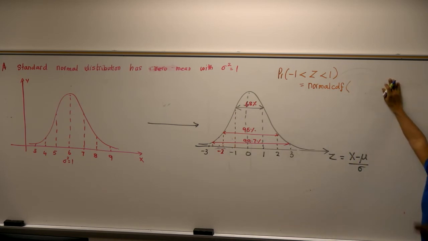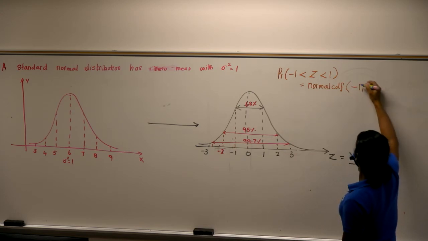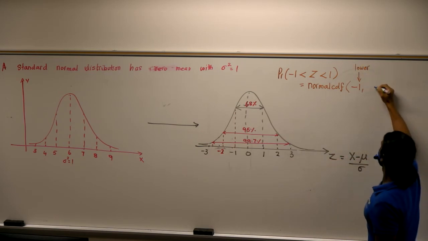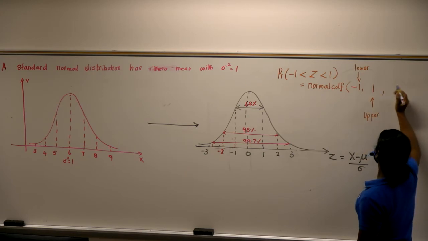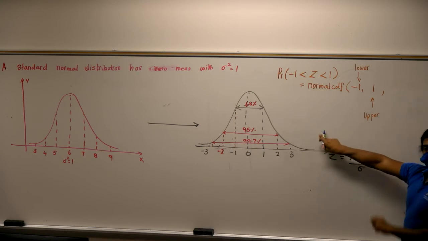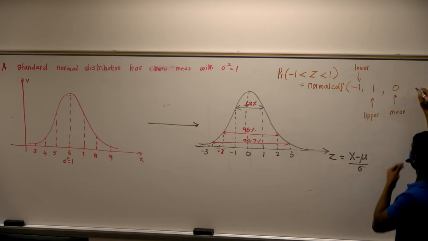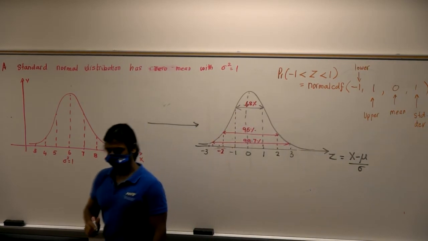What should lower be? The lower endpoint. -1. Upper endpoint. 1. Mean is next. What's the mean here? 0. Standard deviation? 1. And tell me what you get. 0.6827.